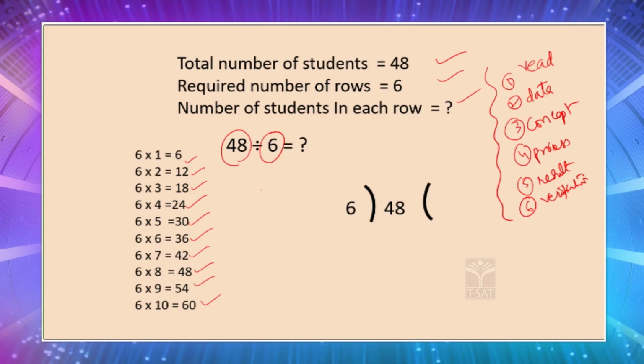Here what is appropriate? 6 eights are 48. So, here we get 8 as the quotient and 6 into 8 is 48. So, 48 comes here. Subtracting 48 from 48, we get 0 remainder.